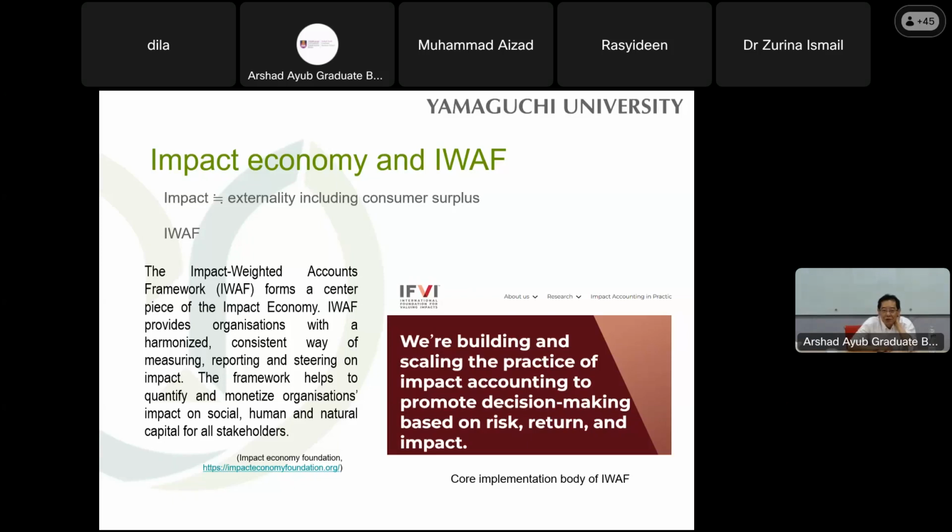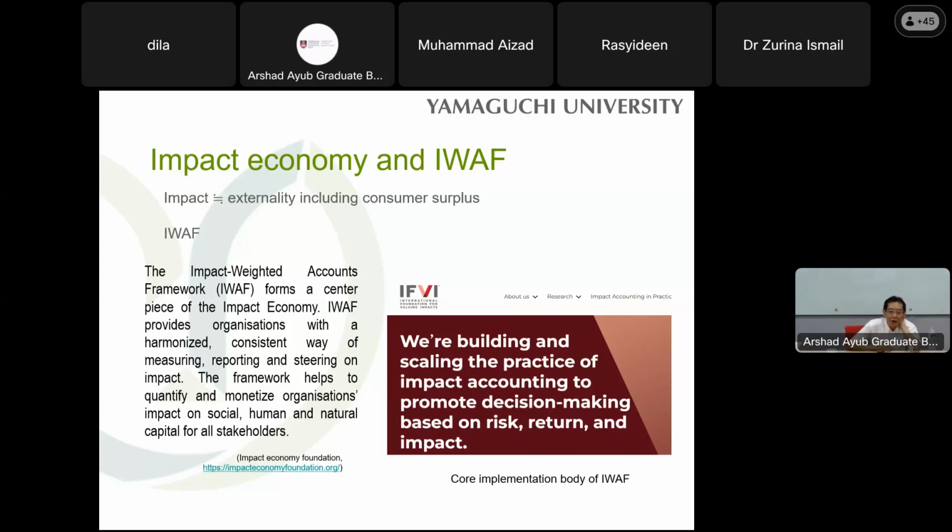The standardized framework for disclosing impact is called the Impact Weighted Accounts Framework, or IWAF. As far as I know, and as far as I discussed with the Islamic member, I couldn't find any Malaysian company who adopts IWAF as a framework or approach to communicate their CSR activity.